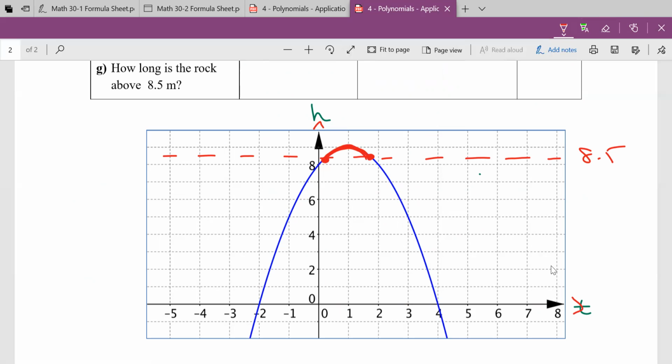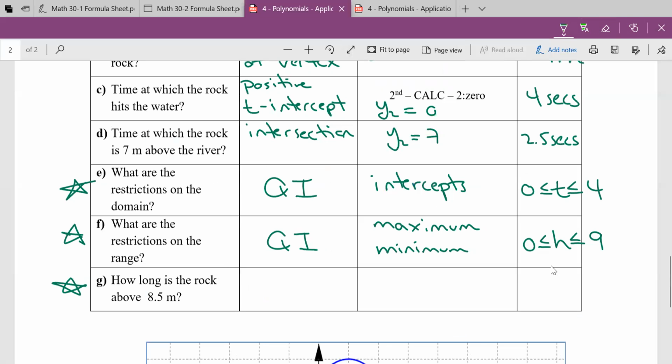So how do I find that? What I'm going to do is find the 2 points of intersection, and I'm going to subtract the x part of the intersections. I should call that the x-coordinate of the intersections, but that's okay.